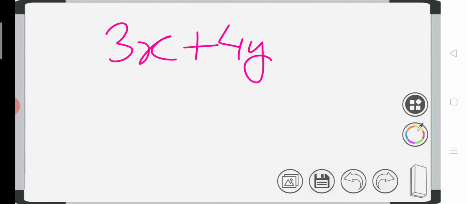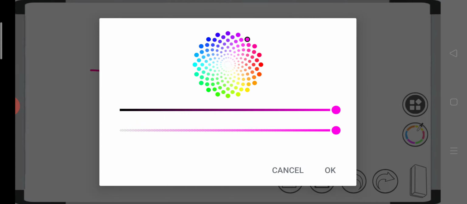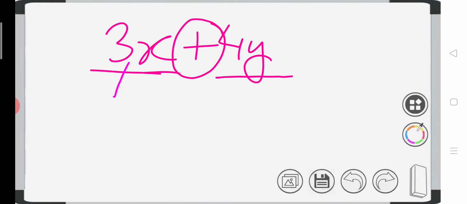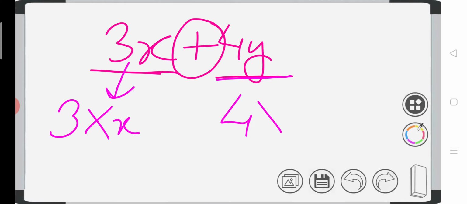So here you can see the constant 3 and x are combining. Here also 4 and y are combining with the help of an operator, that is multiplication, and in between it is addition. So how was 3x formed? 3x was formed when 3 is multiplied with x, and how is 4y formed? When 4 is multiplied by y.